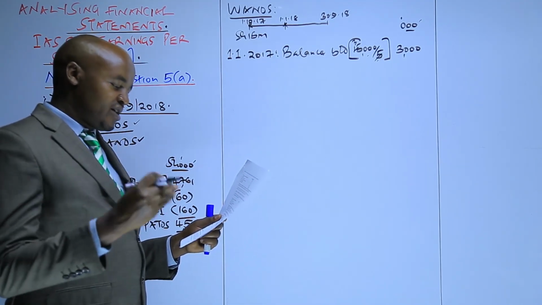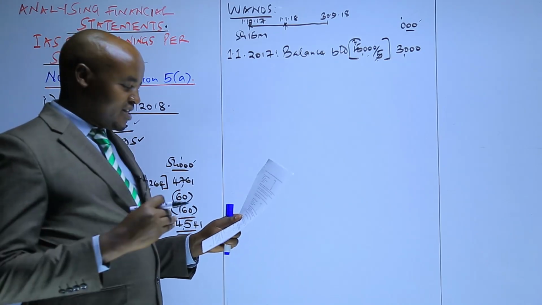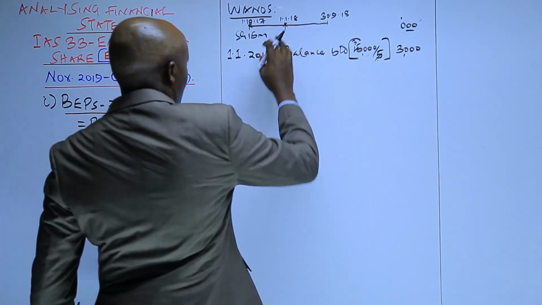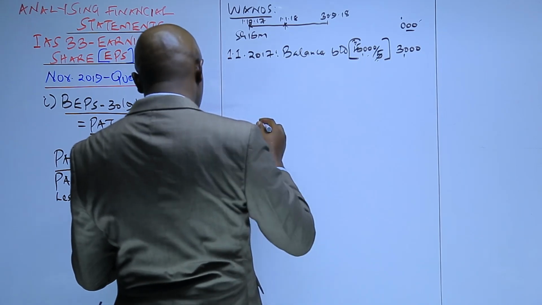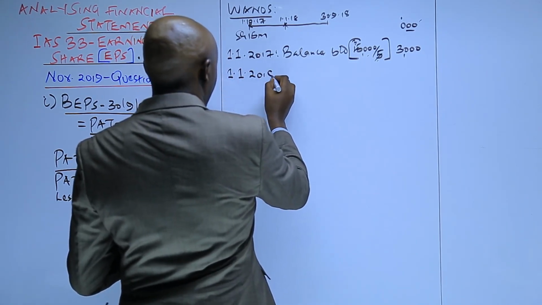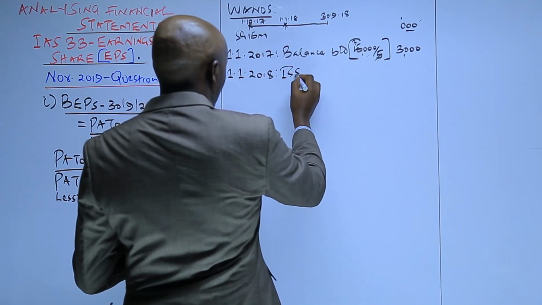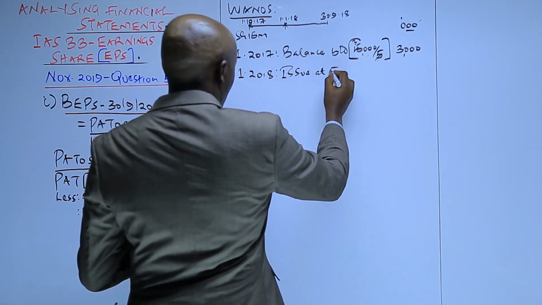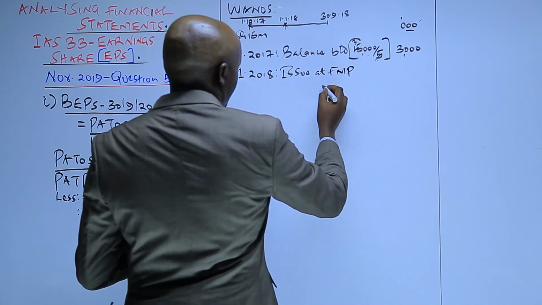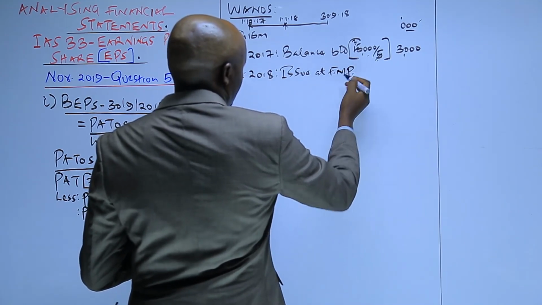So you have to check whether that transaction occurred in the first year or in the second year. So this one occurred during the first year. So we say there was an issue of ordinary shares at full market price.